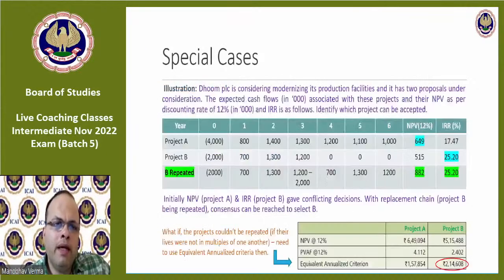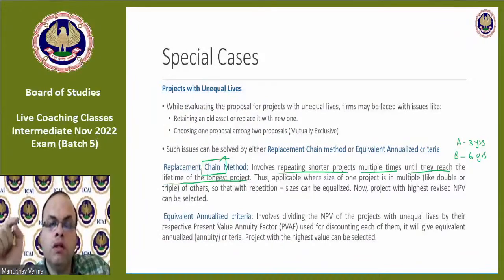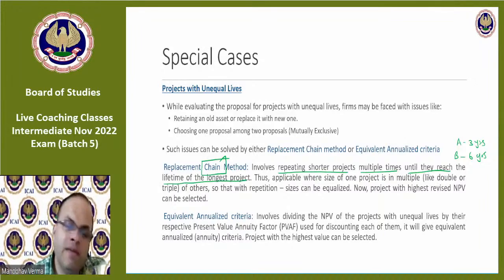Okay, let me talk about an example here, where we'll consider both methods: replacement chain, and another method which takes care of the scenario with unequal lives, that's the equivalent annualized criteria. Now, this is very interesting.